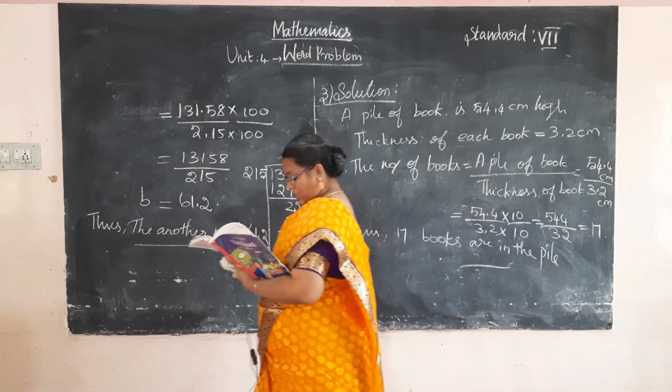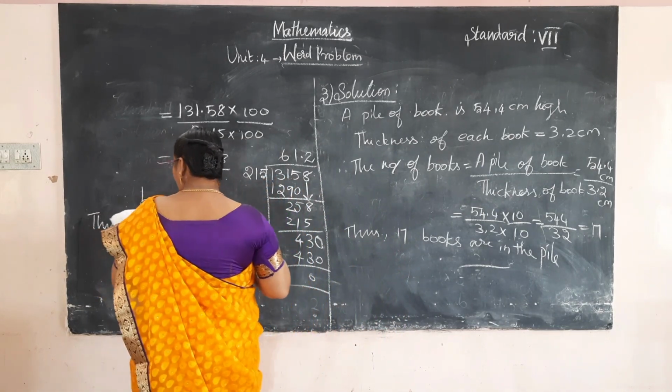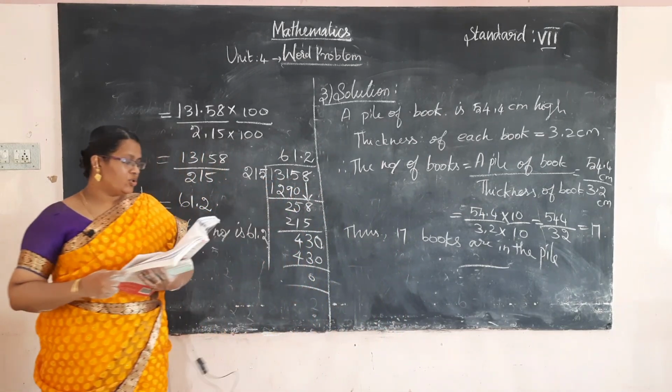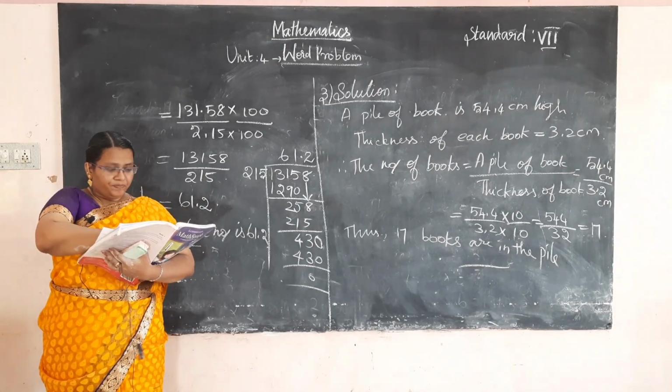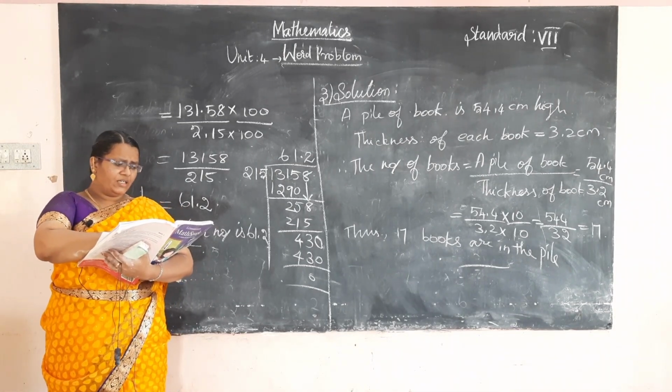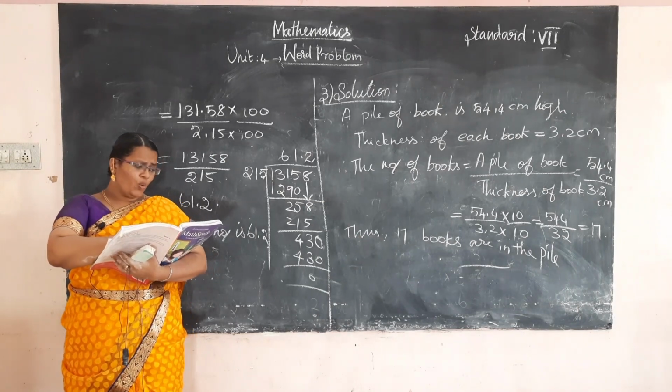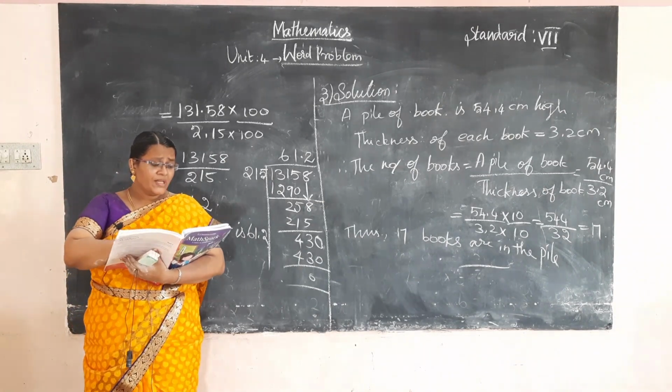That's it. Next, the fourth one, homework. A shop records 2.7 meter cloth, and how many such pieces? Here divide. The fourth one is homework, and we move to the fifth problem.